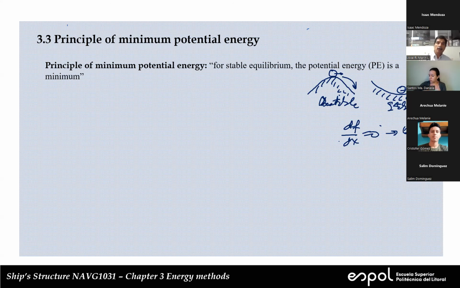So what we are going to do is present the definition of the potential energy, which is this one here, okay? The potential energy is the combination of the internal strain energy, okay, this is strain energy, and this is the potential work of the external forces.